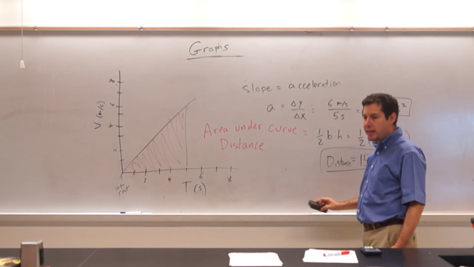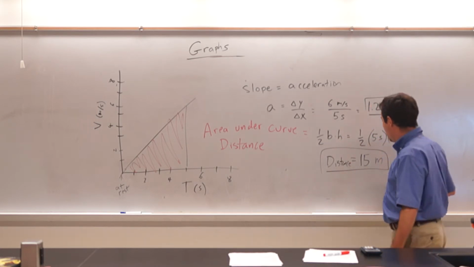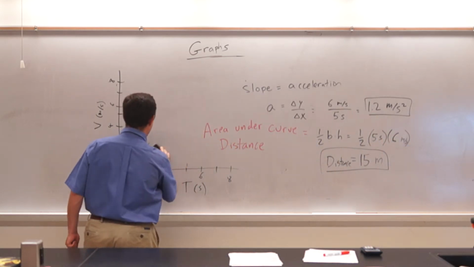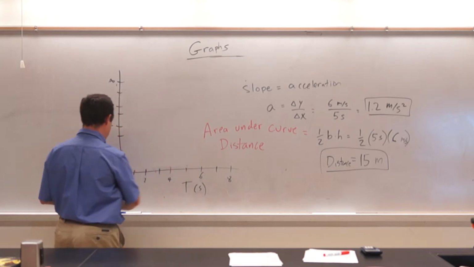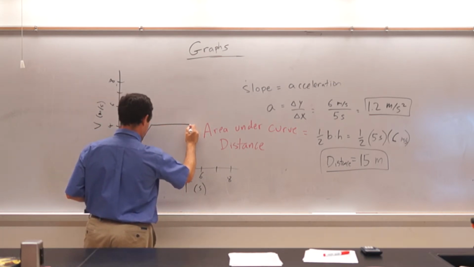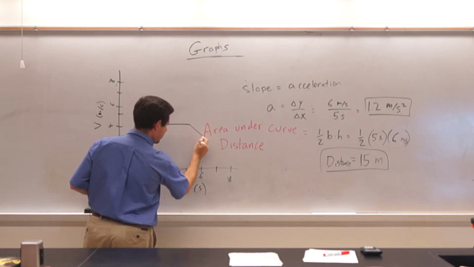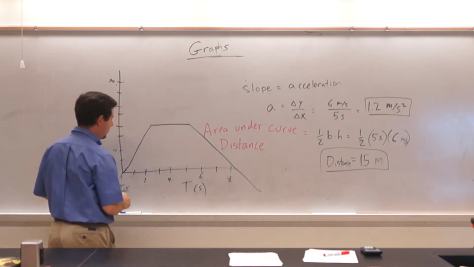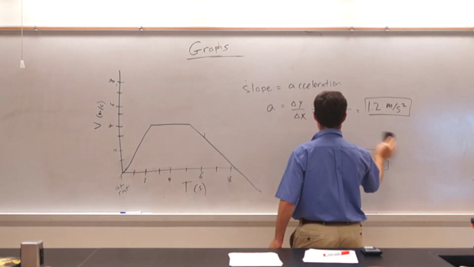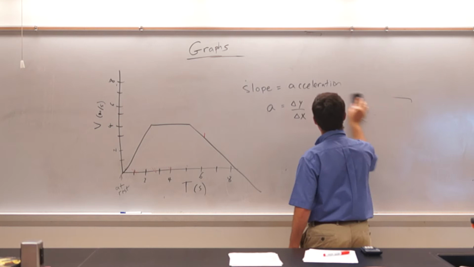Now you can have different kinds of graphs too. So let's say we change the appearance of this graph to look a little like this. The same things hold true as before.